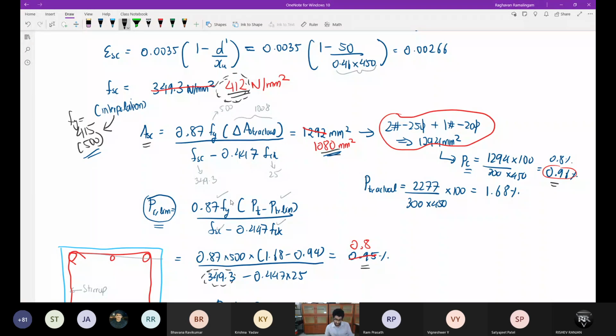1.68 minus 0.94 into 0.87 into 500 divided by 412 minus 447 into 20. No, I get 0.8 if I make that 412.